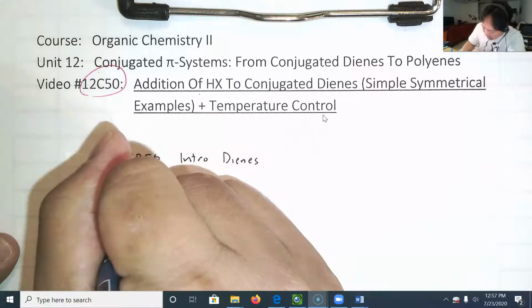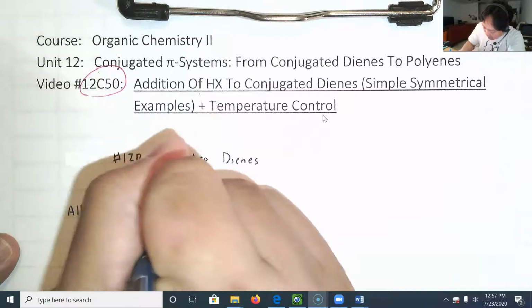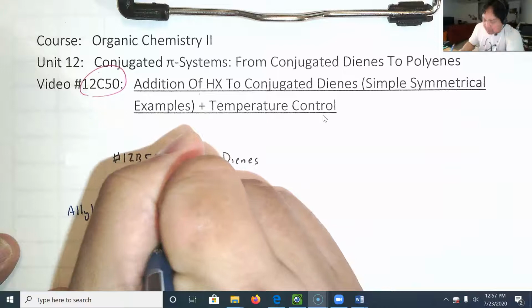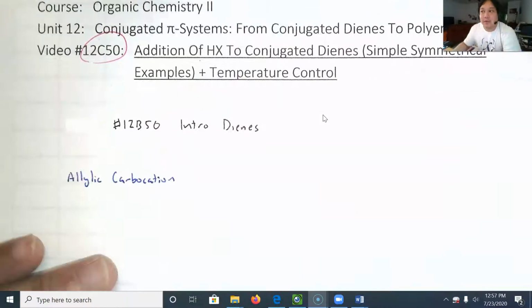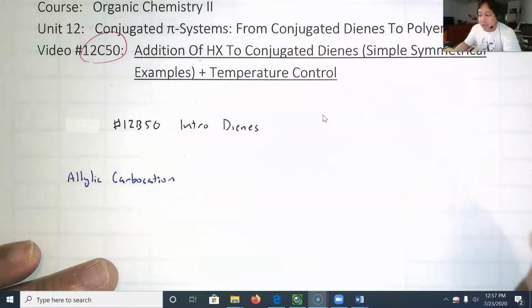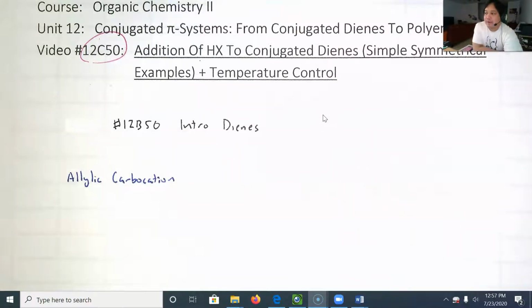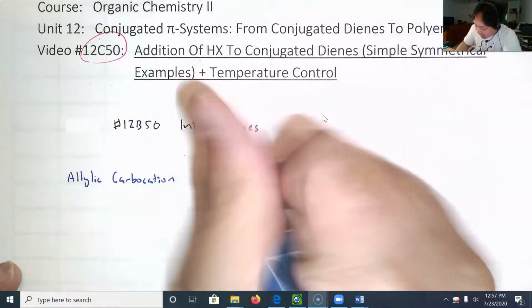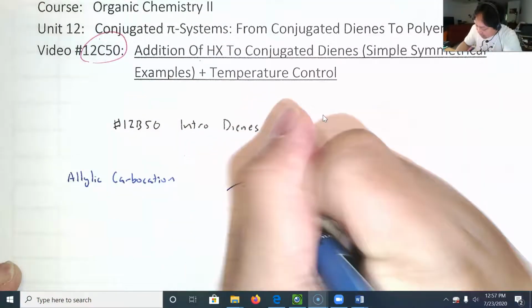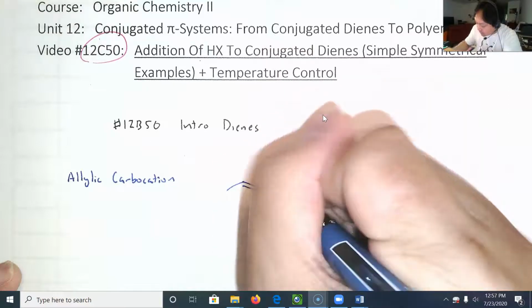We might have had practice with this when we first talked about resonance, or when we first talked about carbocations.